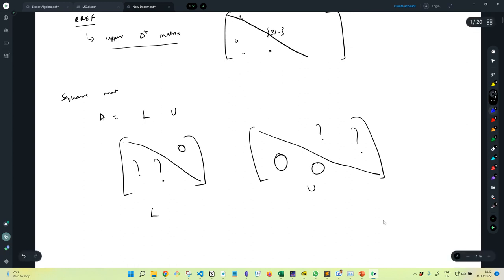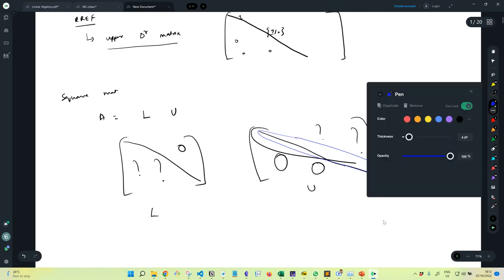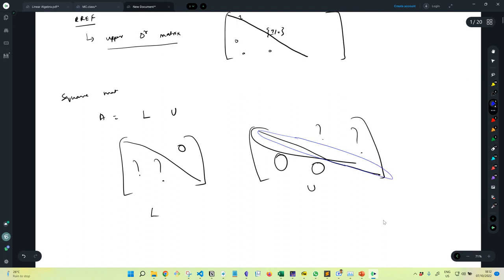Now, in LU decomposition, one other constraint is that either this leading diagonal or this leading diagonal should be all ones.